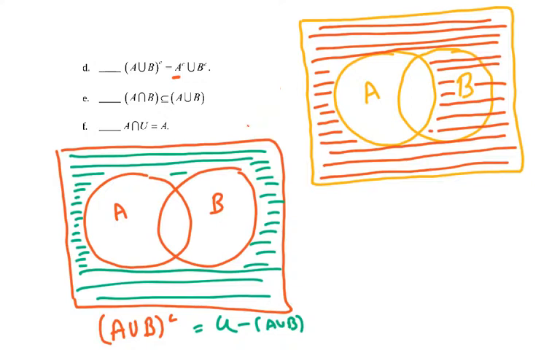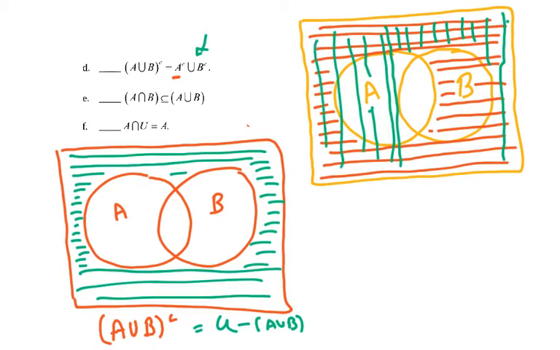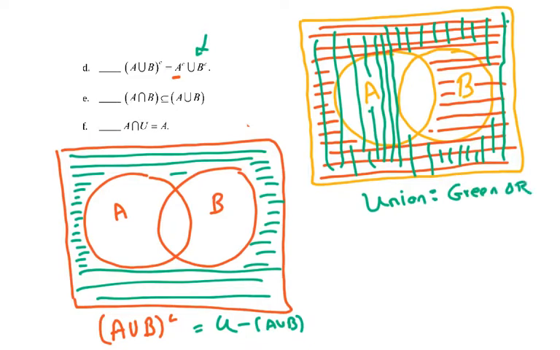All right, now do B complement in green or a different orientation. That's everything outside of B. And you see how we're going through A because this part of A over here is not in B. Now the union, anywhere that's shaded green or red.